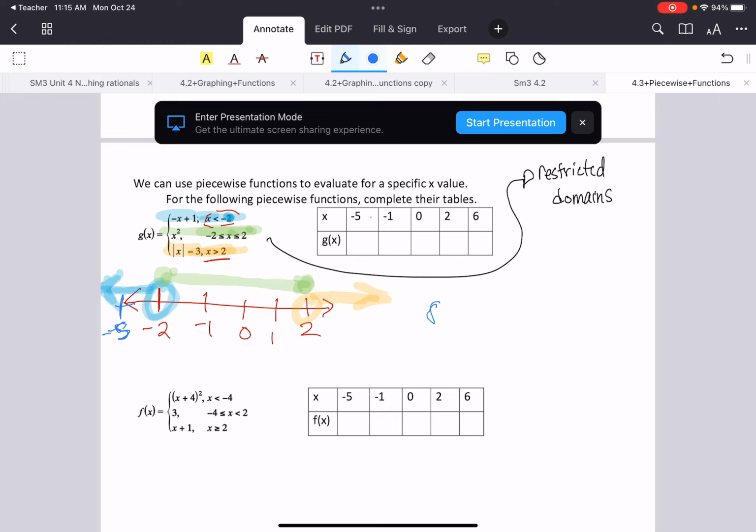So this is a g. The g of -5 equals -5 plus 1. So I took this -5 and I put it in for the x. Oh, that is the name of the function.